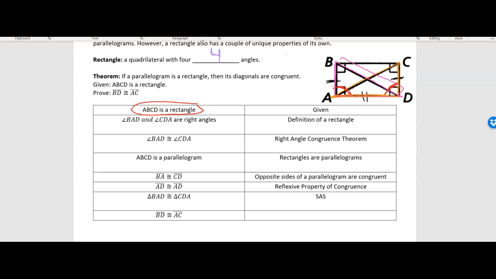Segment BD is going to be congruent to segment AC, which both of those are the diagonals of the rectangle, right? So we have just proven that the diagonals of the rectangle are congruent. Of course, this is CPCTC. So if we have a rectangle, the rectangle's diagonals will be congruent to one another. They will have the same measurement.